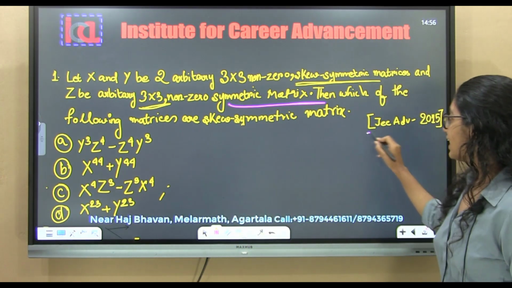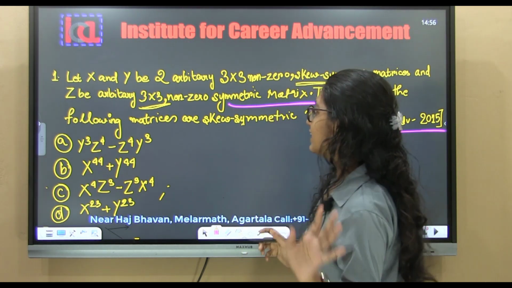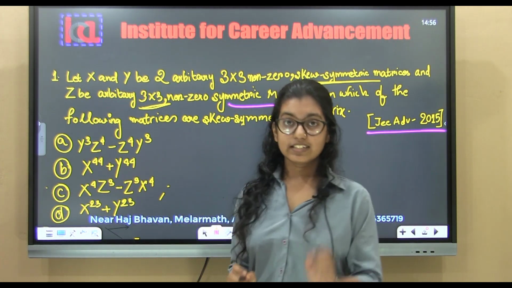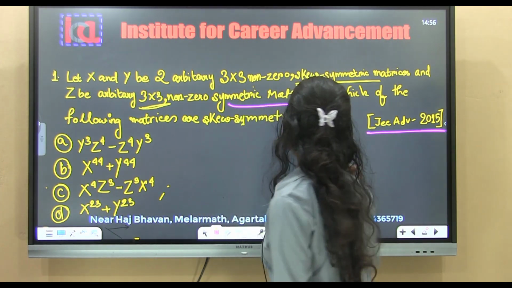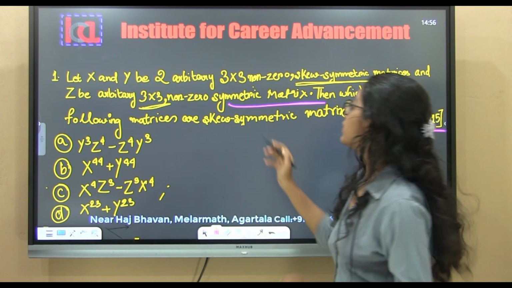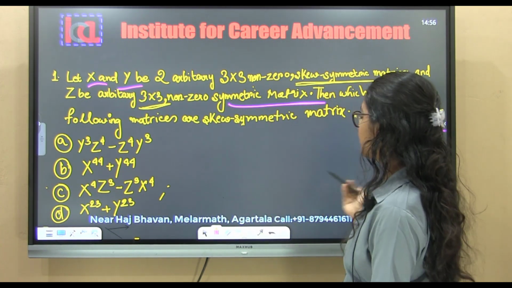This has come in JEE Advanced 2015, but it's very easy to solve. First we will take the options and solve them one by one. The first being what it is said. Acha. So for that it is given that X and Y are two skew symmetric matrices.